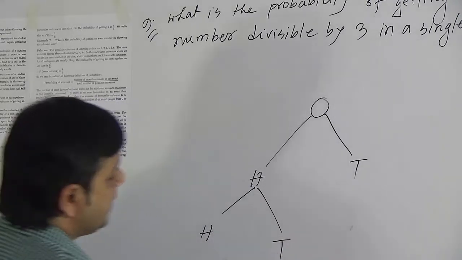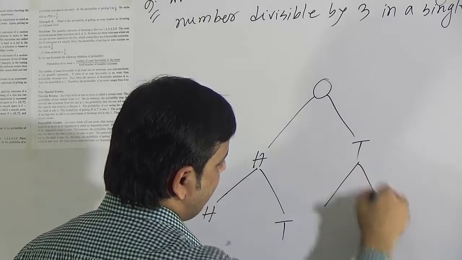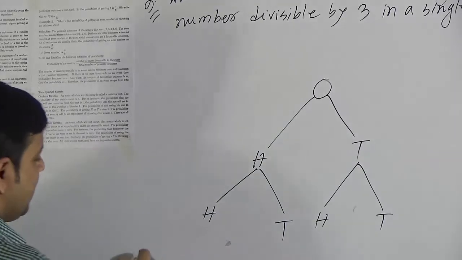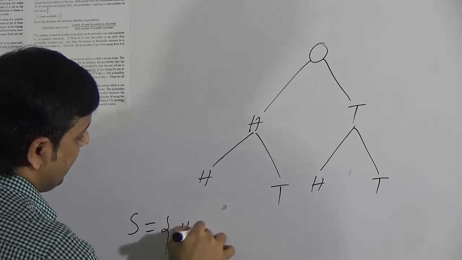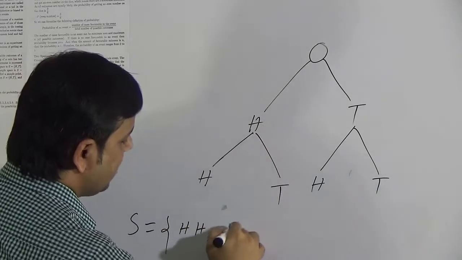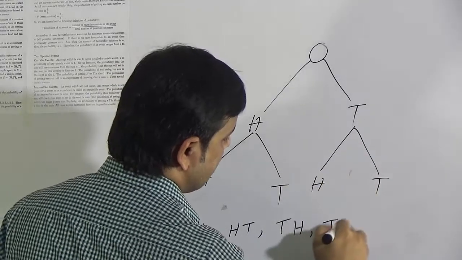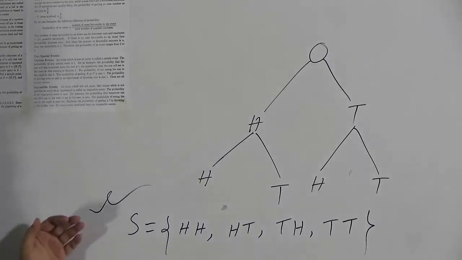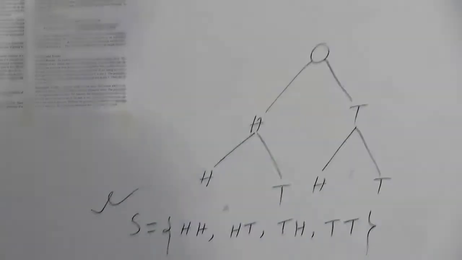In case of tail, you may get the same, also head or tail. So we can say the sample space S must be head-head, head-tail, tail-head, and tail-tail. This must be the sample space of tossing a coin two times or tossing two coins. Okay, dear students, so this is the sample space.